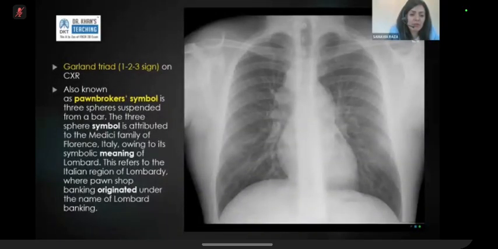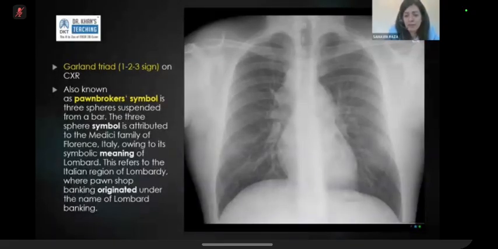The pawnbroker symbol is actually the symbol of the Medici family. I don't know if many of you are interested in history or not, but the Medici family is the family of bankers that are famous for the art collections in Florence, Italy. The Medici family symbol is actually 3 balls. The legend was that a very famous giant was slain by a Medici man using 3 rocks that he threw at him.